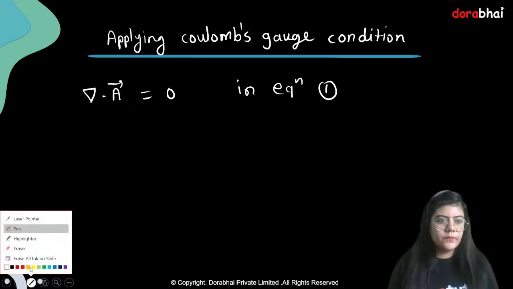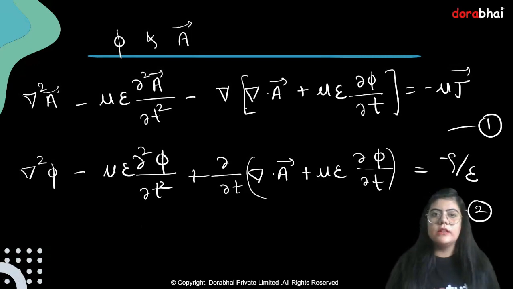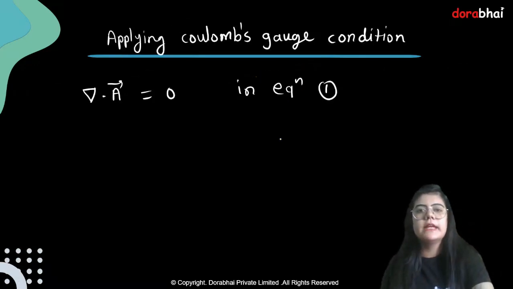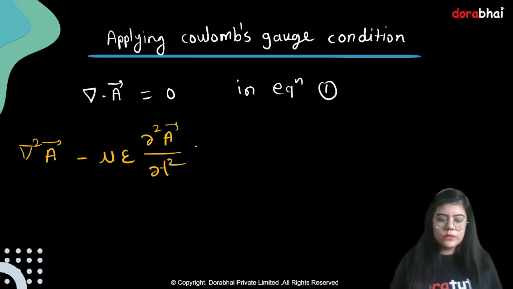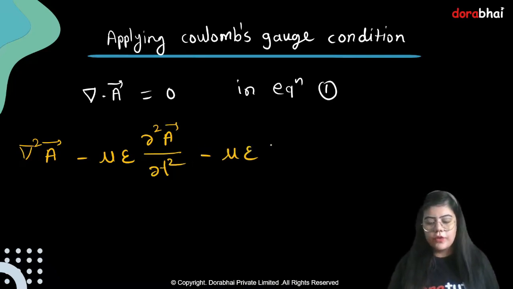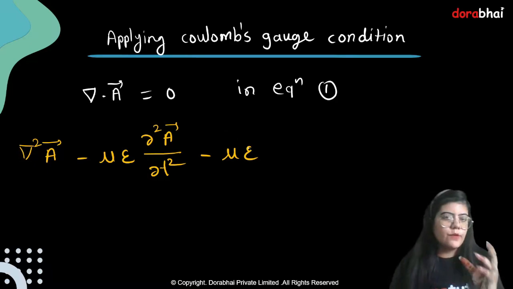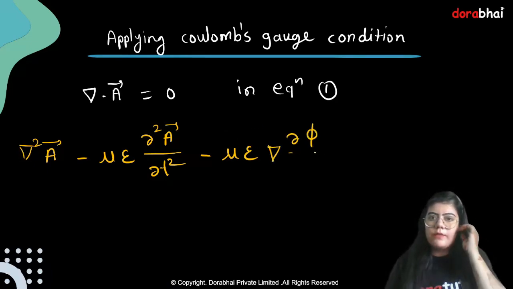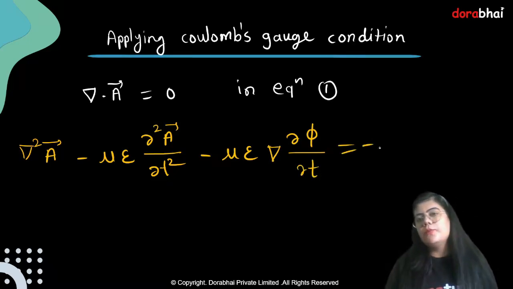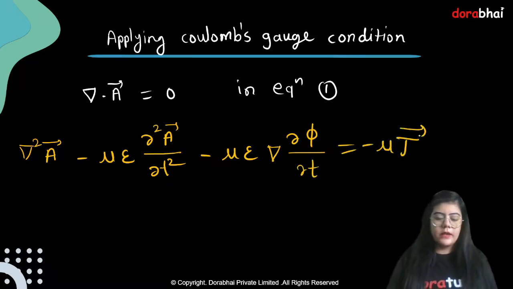That means this quantity is going to be 0, right? So what will we get? Let's write it down. ∇²A bar − με₀ ∂²A bar/∂t² − με₀ ∇ ∂φ/∂t. The term which became 0, that's why we didn't write it down, is equal to −μ j bar.